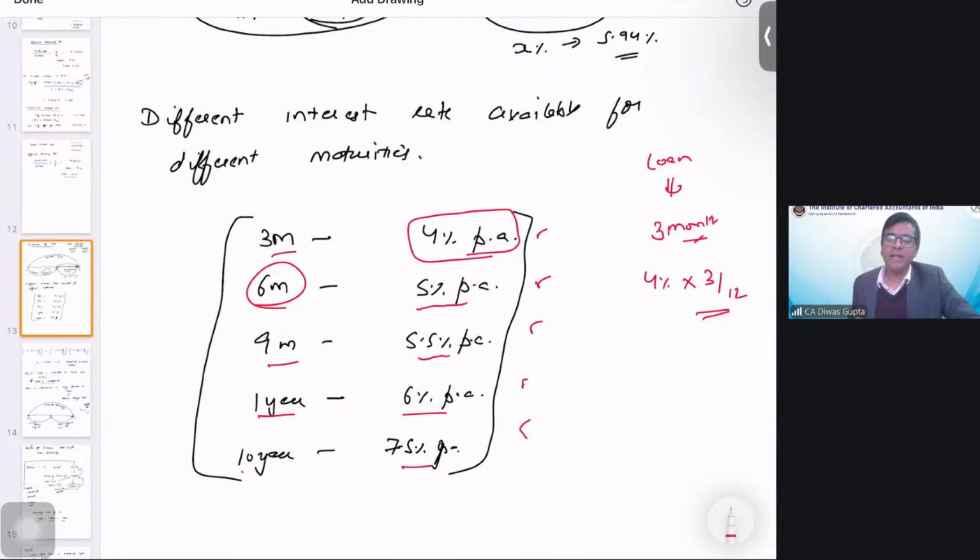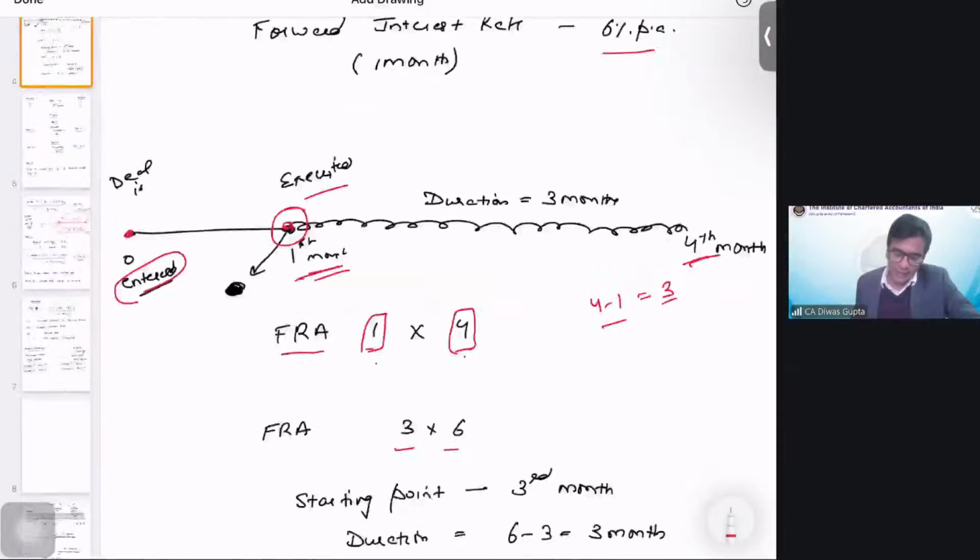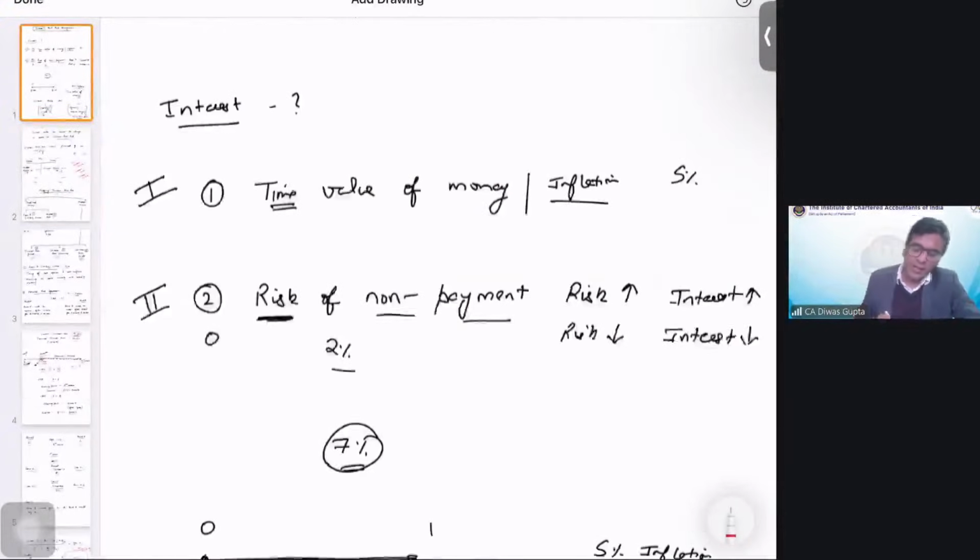Yes, very good, Lavanya. You're right. Because the longer time you give a loan for to someone, yes, Shalendra, you are also right. This actually comes from the first sheet that we discussed. Interest is paid on account of two things: one is the time value of money, and second is the risk.